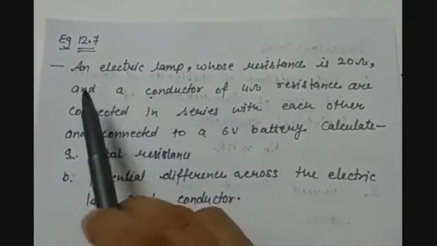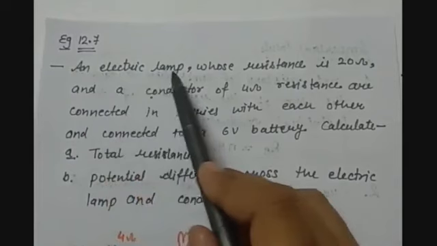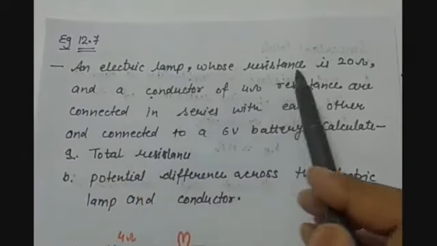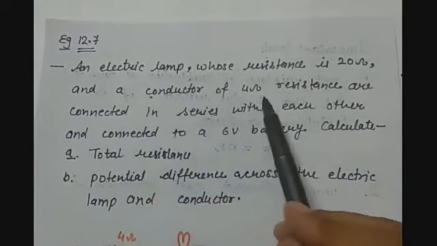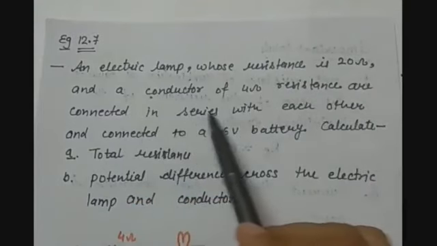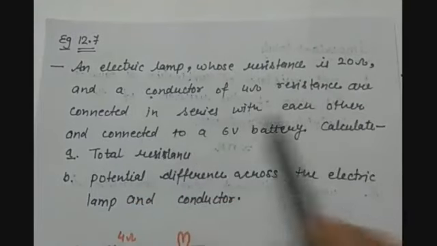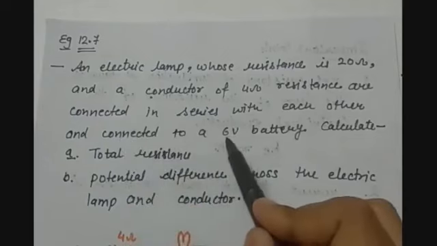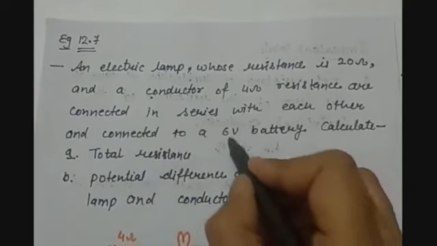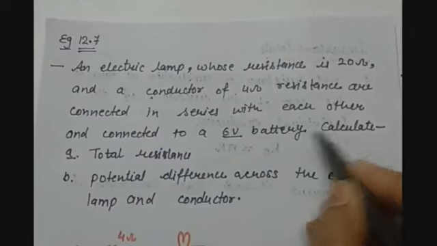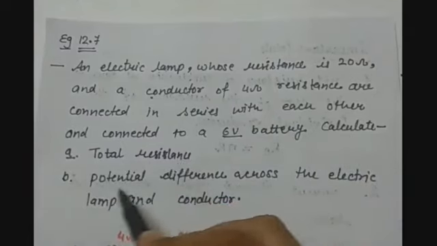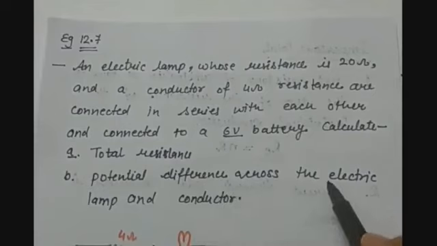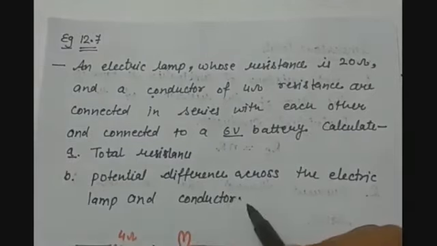This example says that an electric lamp whose resistance is 20 ohm and a conductor of 4 ohm resistance are connected in series with each other and connected to a 6 volt battery. Calculate A, the total resistance, and B, the potential difference across the electric lamp and conductor.